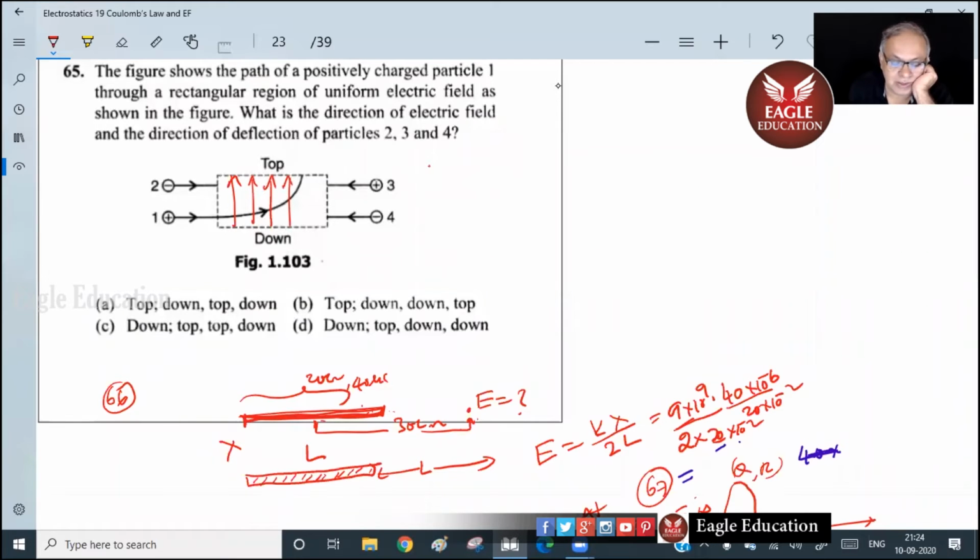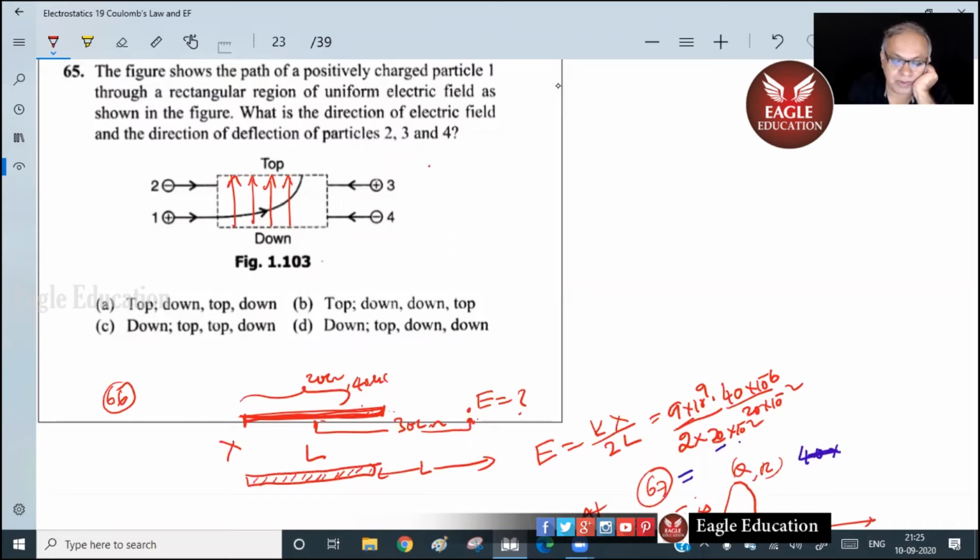Now he's asking the direction of the electric field and the direction of deflection of particles 1, 2, 3, and 4. So the direction of electric field is up. Now this negatively charged particle will move which way? Down, sir.